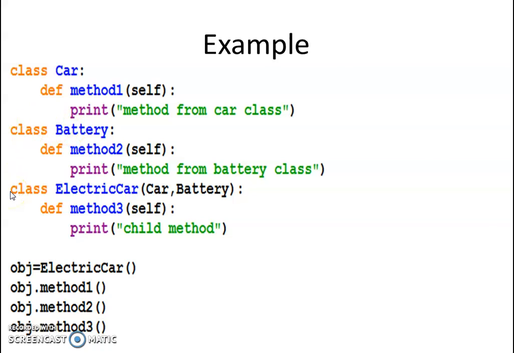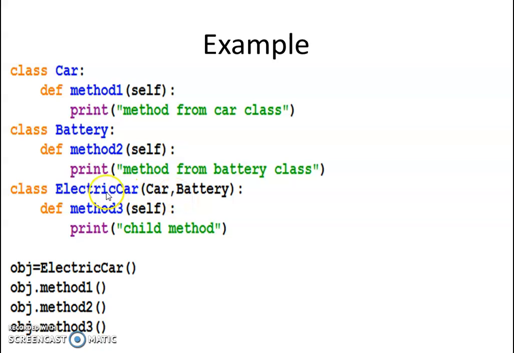Next we have a third class with the name ElectricCar, and inside parentheses we write the parent class names. So here we are writing two class names. The first class name is Car and the other class name is Battery, and the class names are separated with a comma.